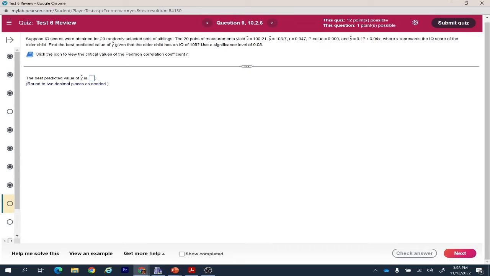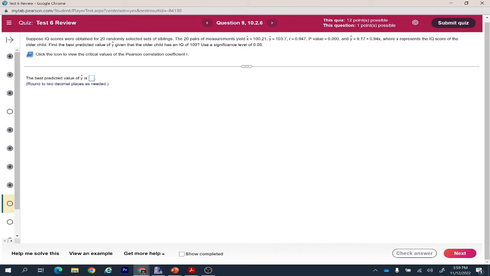Find the best predicted value of Y hat given that the older child has an IQ of 109. Using this equation, you want to find the value of Y hat when X is 109.